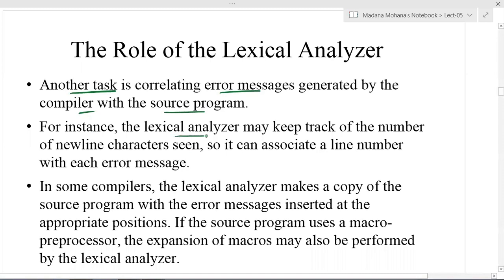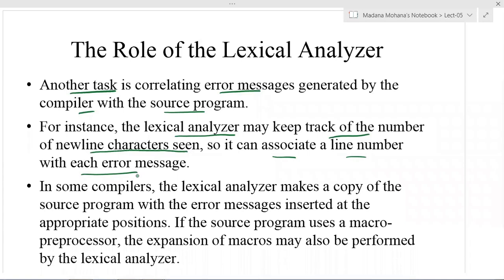For instance, the lexical analyzer may keep track of the number of new line characters seen, so it can associate a line number with each error message. The error handler is also one of the components connected to the phases of the compiler, which stores all the error related messages.